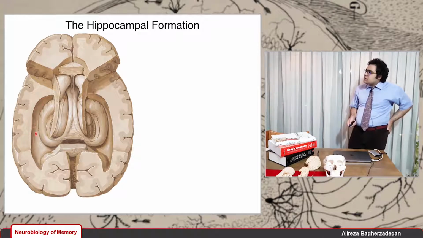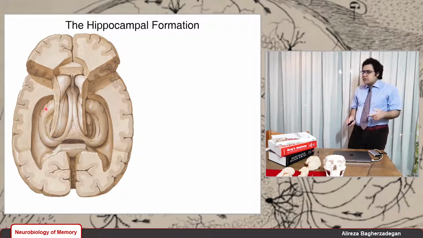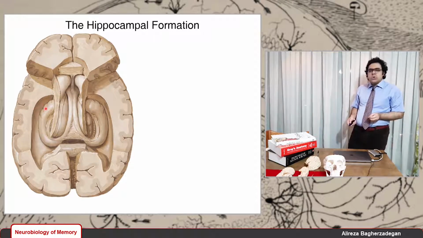I already told you that this cavity is the ventricular cavity. This is the inferior or temporal horn of the lateral ventricle. Okay, and the hippocampus is in this inferior or temporal horn of the lateral ventricle.